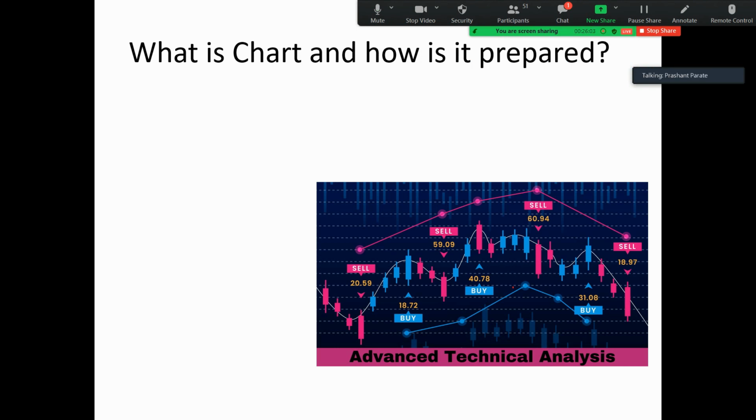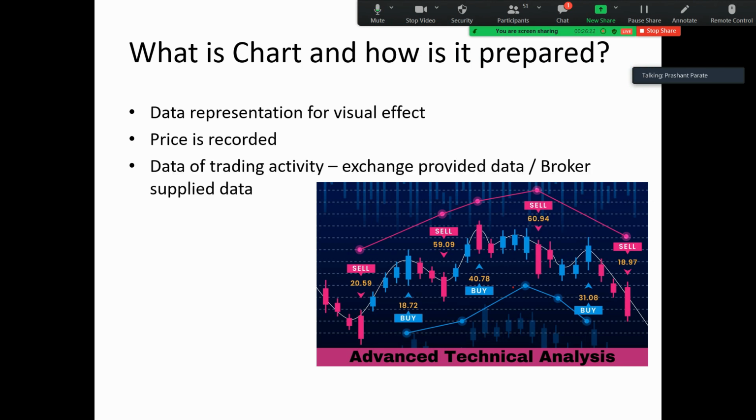So let us see what a chart is and how it is prepared. A chart is a data representation for visual effect where price is recorded. There is an x-axis and a y-axis. On the x-axis time is recorded, on the y-axis price is recorded.